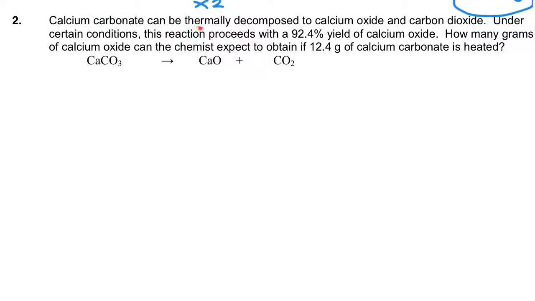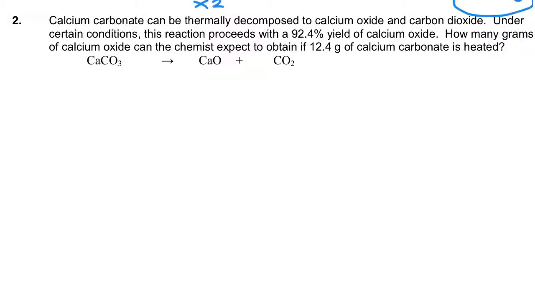Calcium carbonate can be thermally decomposed to calcium oxide and carbon dioxide. So here's the equation: calcium carbonate is decomposing into calcium oxide and carbon dioxide. Under certain conditions, this reaction proceeds with a 92.4% yield of calcium oxide.